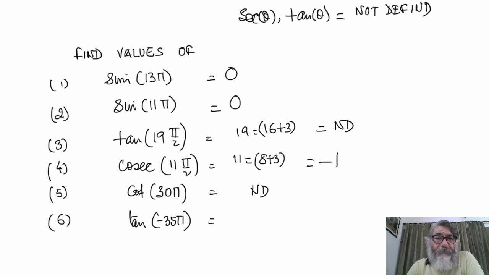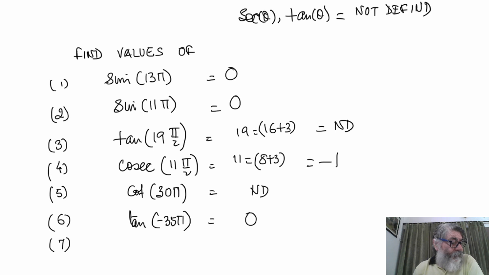Along this line, what happens? Is tan defined? Tan theta is sine theta upon cos theta. Cos 0 is 1, sine 0 is 0. So tan will be 0. You have to remember like that.